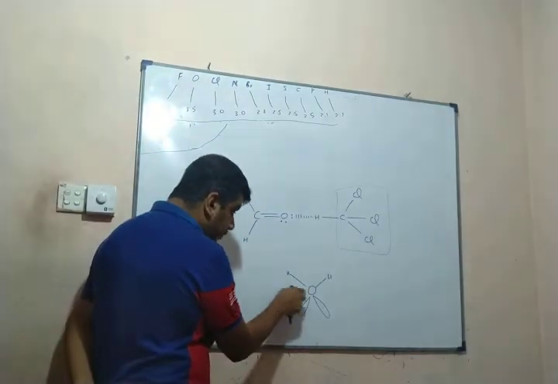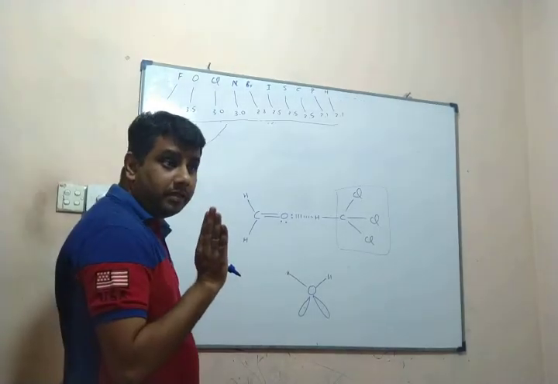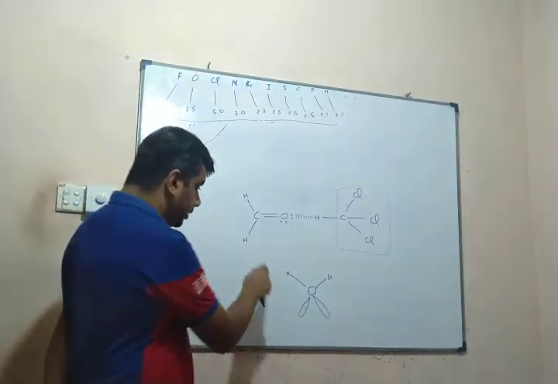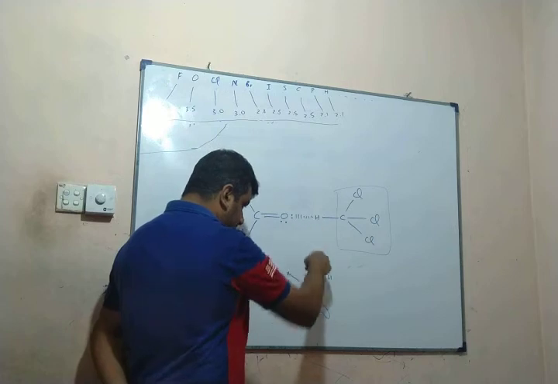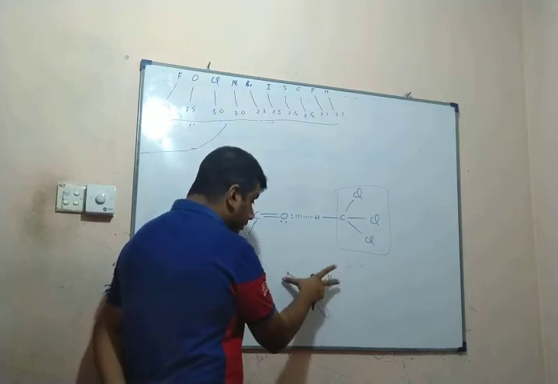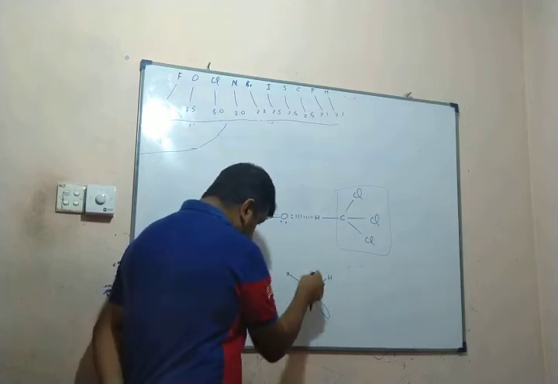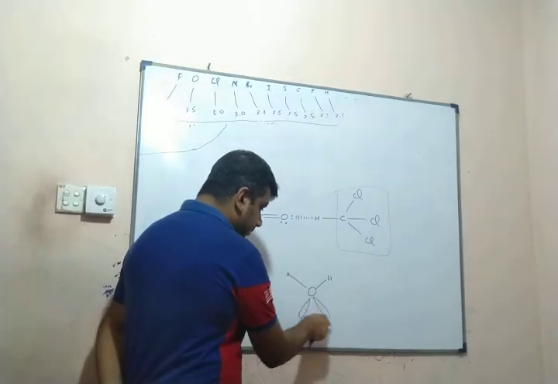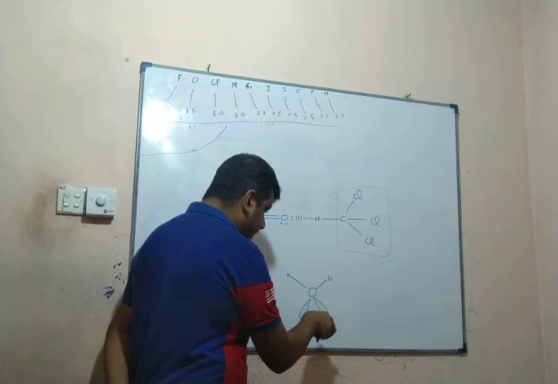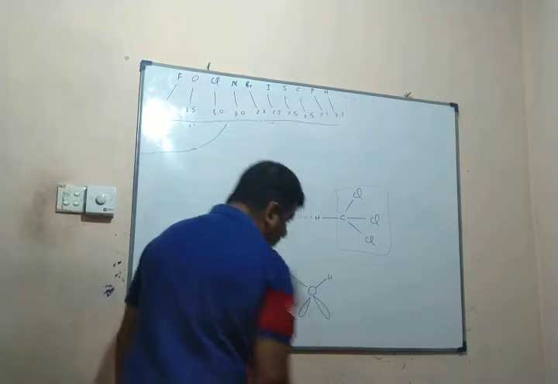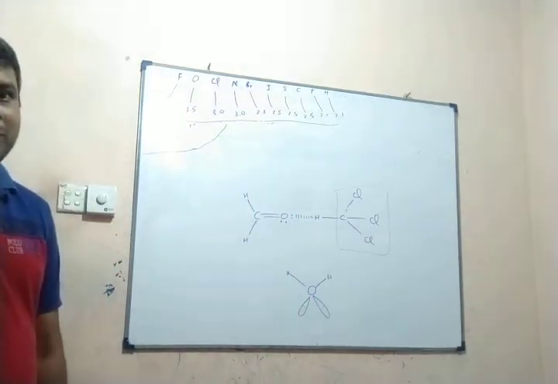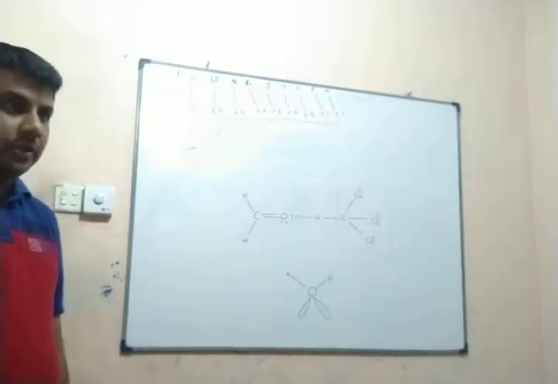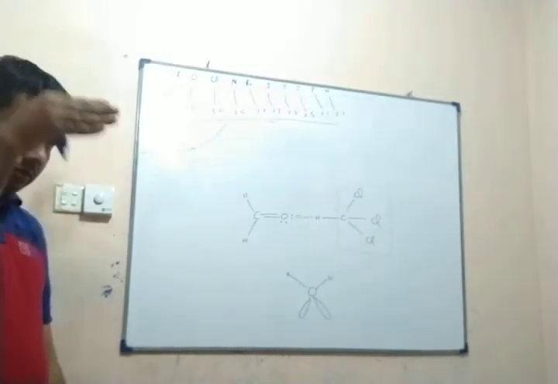Downward. Why? The direction of dipole moment is delta plus to delta minus, so downward. The resultant of the dipole moments of these two is downward. What about the two lone pairs? Also downward. So the total dipole moment will be very much larger, and its direction is downward.